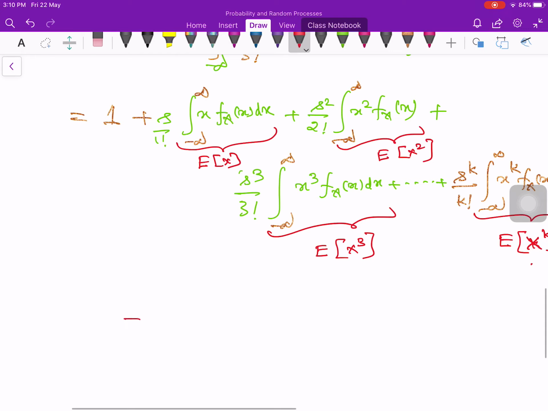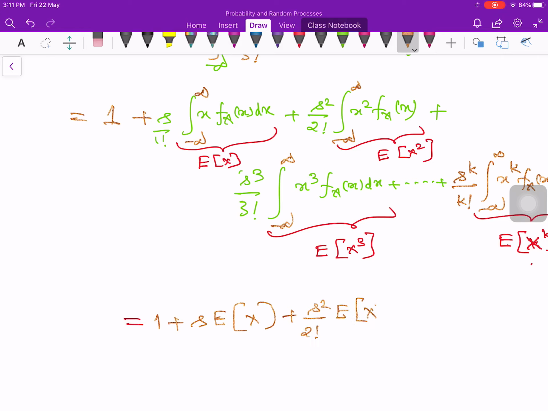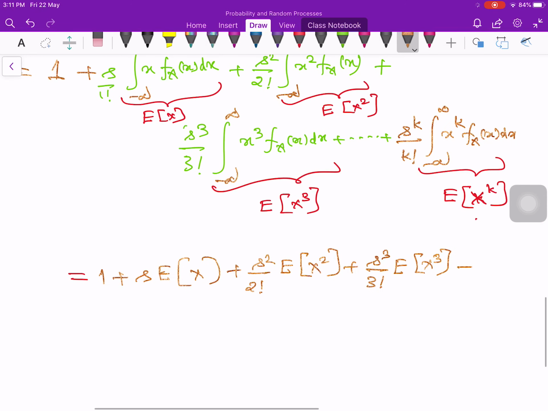Therefore this is going to be 1 plus s times E[X] plus s squared over 2 factorial times the expected value of X squared, plus s cubed over 3 factorial times the expected value of X cubed, plus and so on.